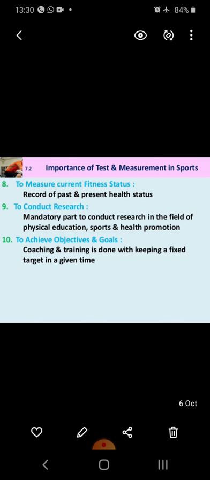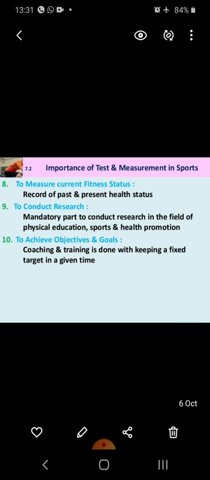She or he has maintained a record. That's why she is able to tell your parents that your son or daughter is having improvement, or was doing well in previous exams, but now has not scored well.